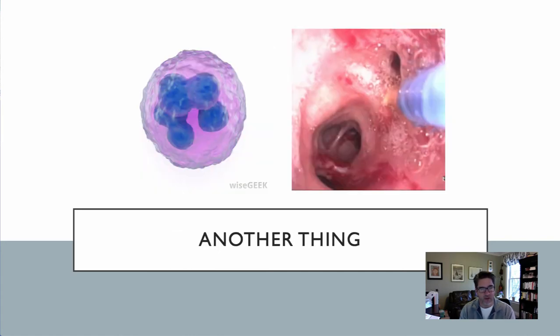The other thing that you're going to need is remembering that PMNs, or polymorphonucleocytes, also known as macrophages, are inside the lungs, right? And inside of a lot of tissue in our body. In fact, they're inside the liver, they're inside the spleen.